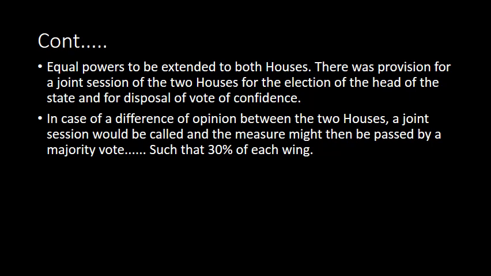For example, if a bill was passed by the House of Units and not by the House of People, or if a bill was passed by the House of People and not by the House of Units, then to overcome this difference of opinion, a joint session has to be called, in which the decision was to be taken by majority vote.